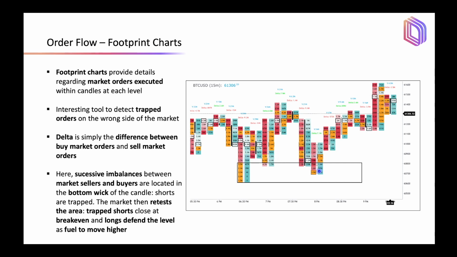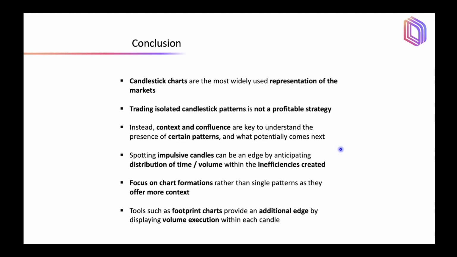And what we'll have here is that the shorts that were trapped will start closing their shorts at break even or at a loss, and the buyers will start defending the level and will have fuel to go higher. So this could be a potential entry.